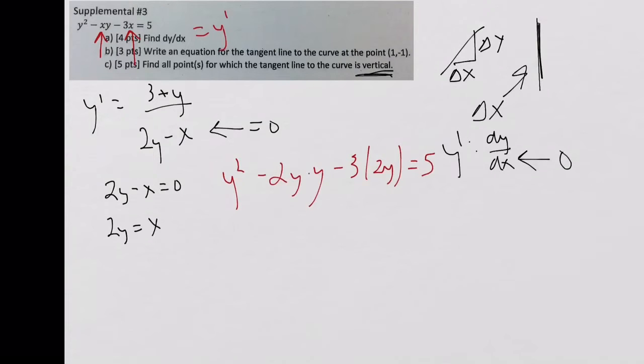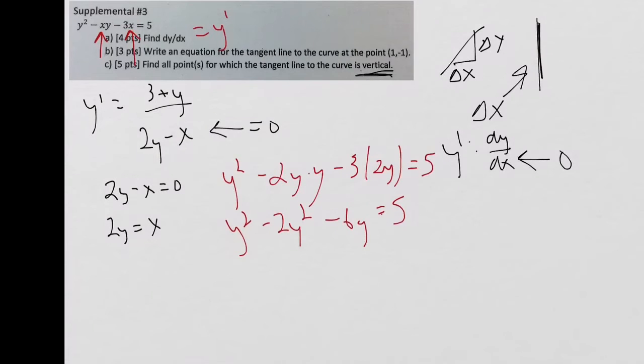Notice this x is that 2y, because x and 2y are the same thing, and same thing with this, replace that. So from here, I've got y squared minus 2y squared minus 6y is equal to 5.